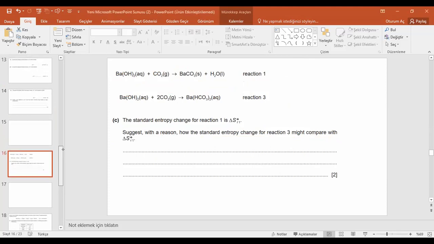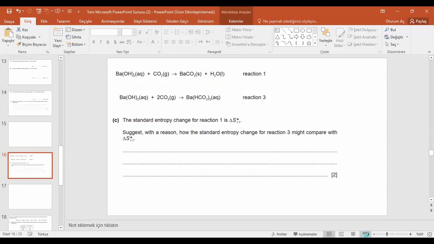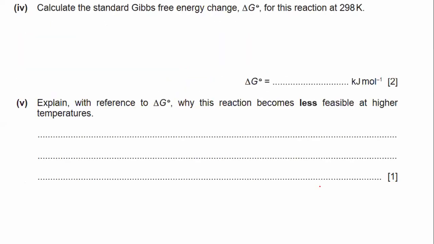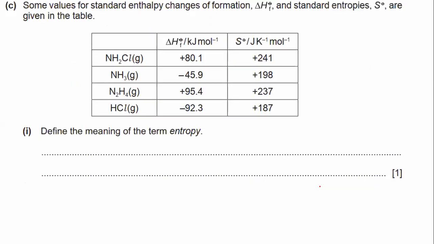So let's move to the next question, but let's make it larger first. This is the next question. Some values for standard enthalpy change of formation, delta H, and the entropy are given in this table.